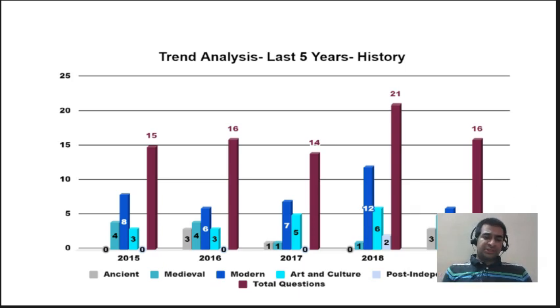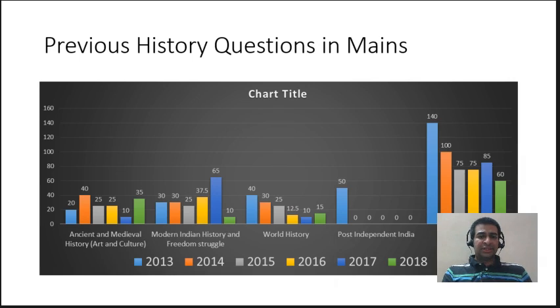From prelims, on an average, you can consider like 17 questions are being asked out of 100 questions. This is the weightage. As I told, again, the trend says one third of the paper, that is about 70 to 80 marks on an average, are being asked.